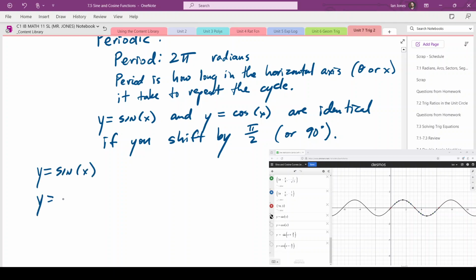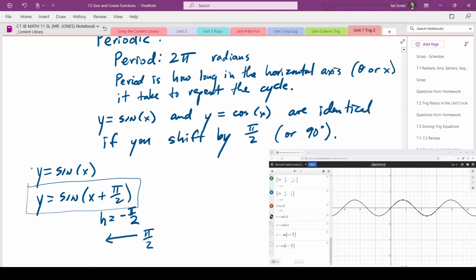I have y equals sine of x plus pi over 2. The value of h is the number that's being subtracted from x. So here h is negative pi over 2. This means we're going left by pi over 2. This here is shifted to the left by pi over 2.